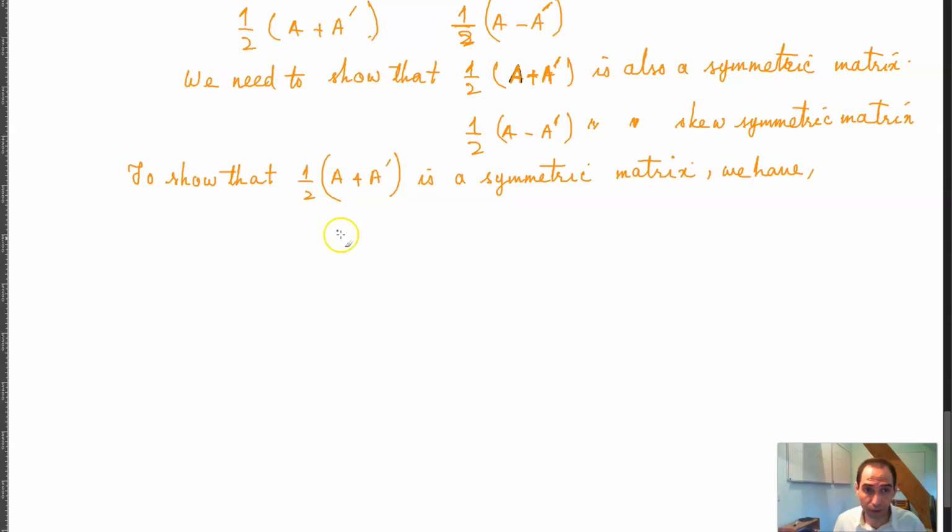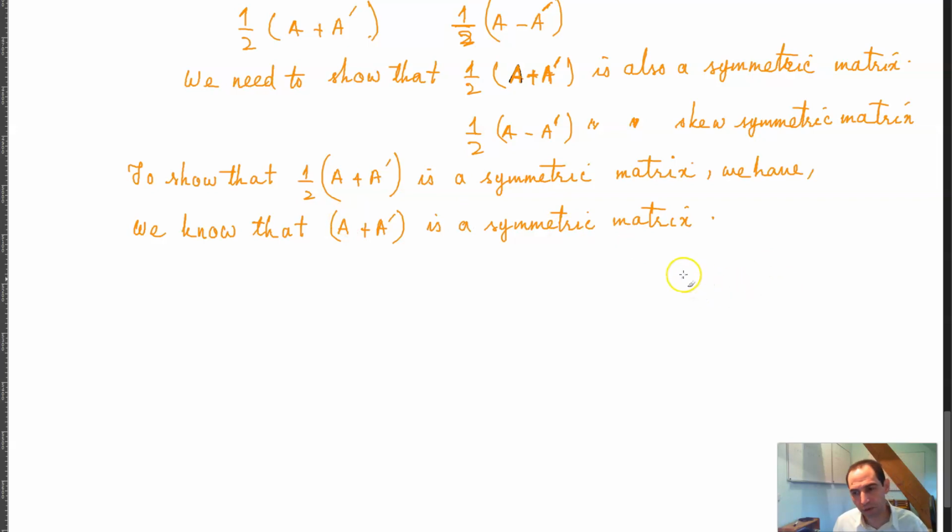So basically, there are always things that you know about something that you want to prove. For example, we know that A plus A prime is a symmetric matrix. We already know this because based on theorem 1, A plus A prime is a symmetric matrix.